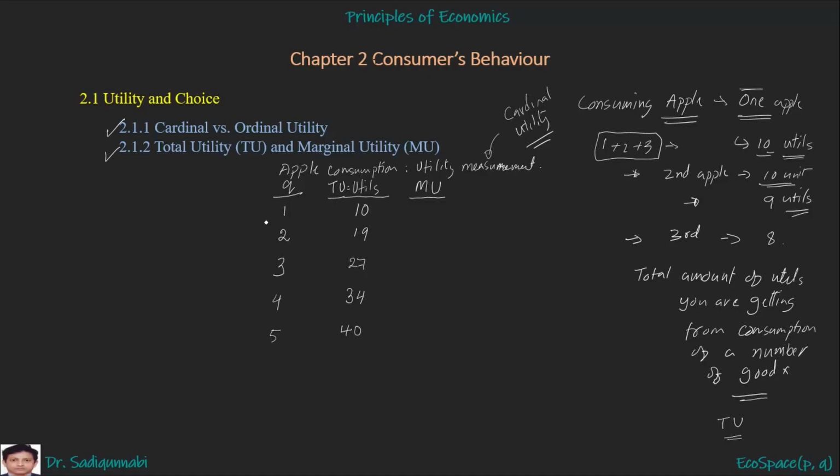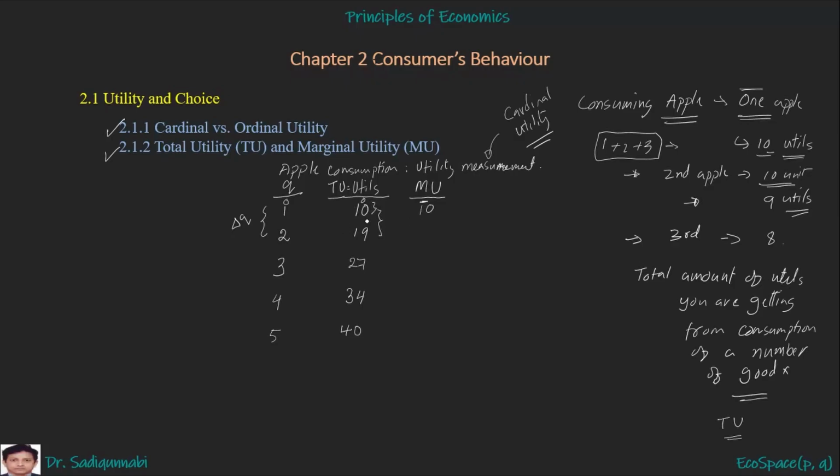Marginal utility is when you add one extra unit. That means del Q. So you are actually adding some additional utils. First, if it is 0, then there is no utility. The difference between 0 and 10 is 10.